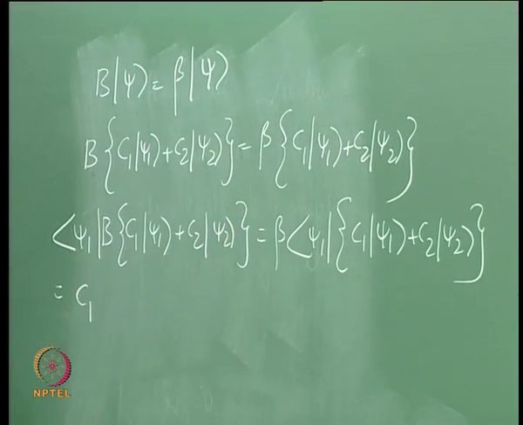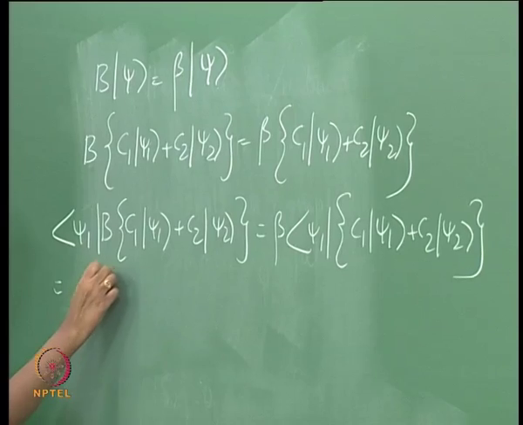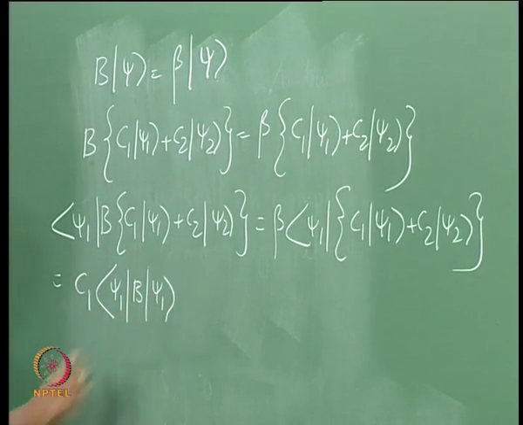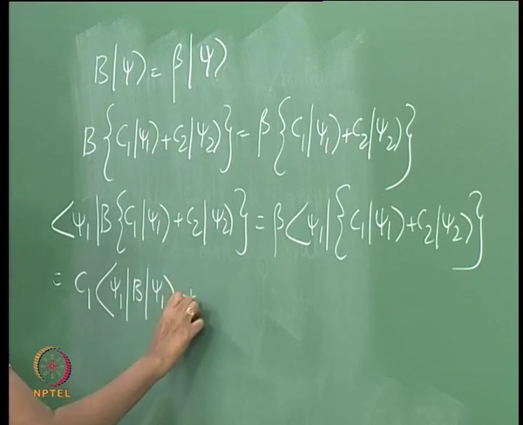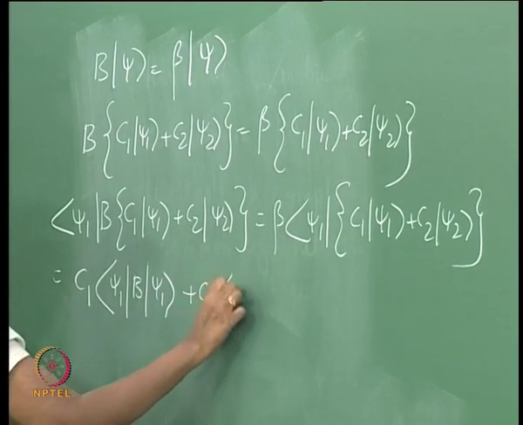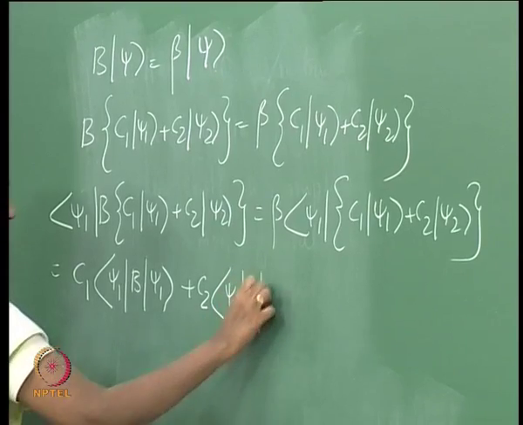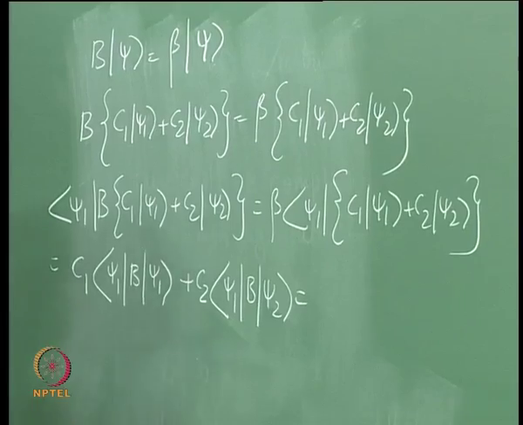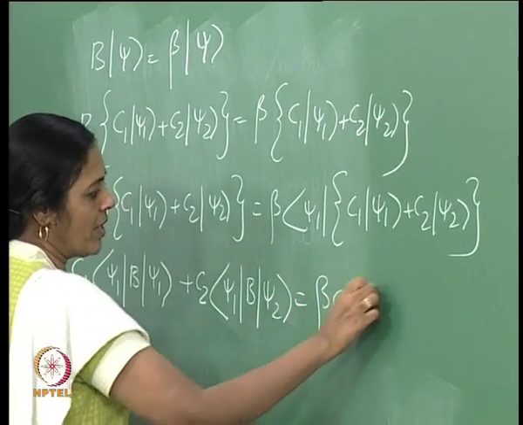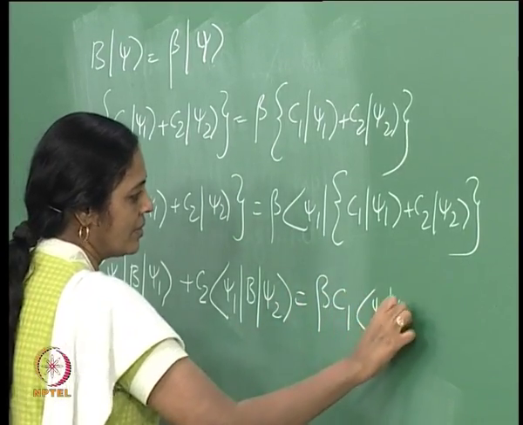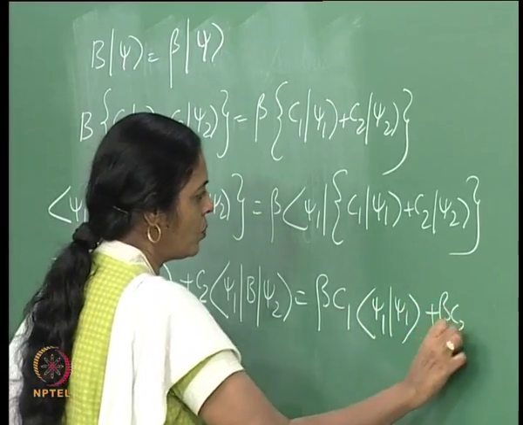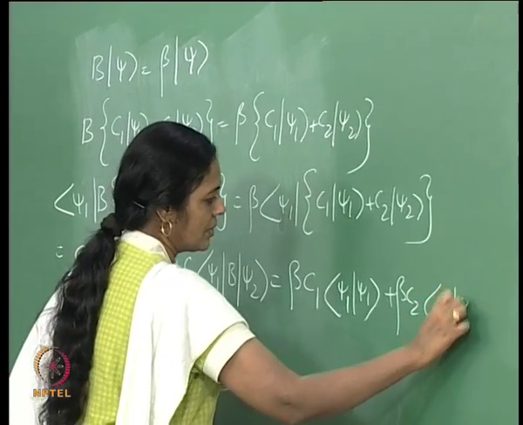C1 is a number which can be pulled out, psi 1 B psi 1, C2 is a number, so the second term gives me psi 1 B psi 2, and that is what I have in the left hand side. That is beta C1 psi 1 psi 1 plus beta C2 psi 1 psi 2.